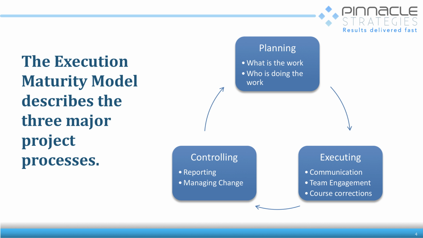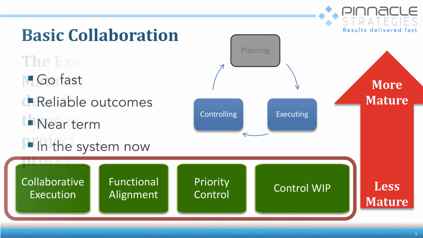The first level of the project execution maturity model really has to do with execution and control. We don't get too concerned about planning because we want to make sure that if we have a plan, we can actually execute. And we find that there's often a lot of low-hanging fruit in this level.